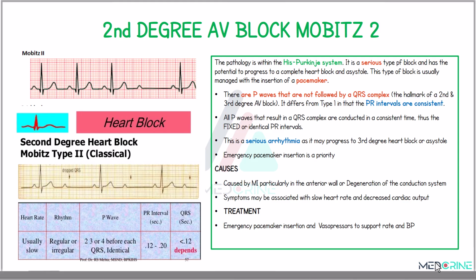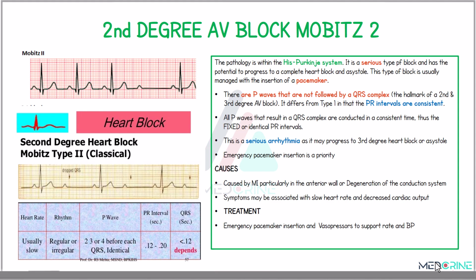You remember in Mobitz type 1, we have a continuous prolongation of the PR interval. And in Mobitz 2, all P waves which result in a QRS complex are conducted in a consistent time duration. Therefore, we can say we have fixed or identical PR intervals, right?